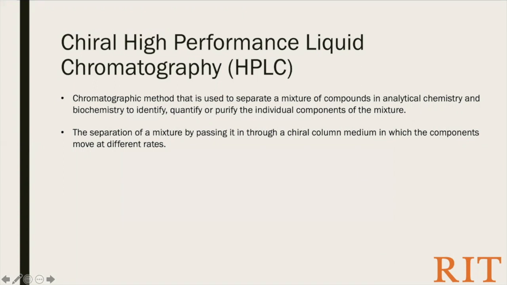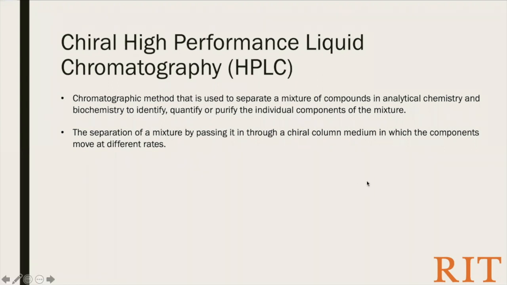The separation of our mixture happened by using a chiral column medium in which components move at different rates. Again, chirality is different hands. So one hand would move faster through the column than the other hand would. So we would then know if we had 2 hands or if we had 1 hand, but we would not know which actual hand that we had in the end.